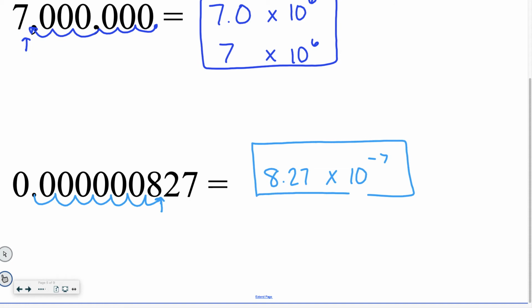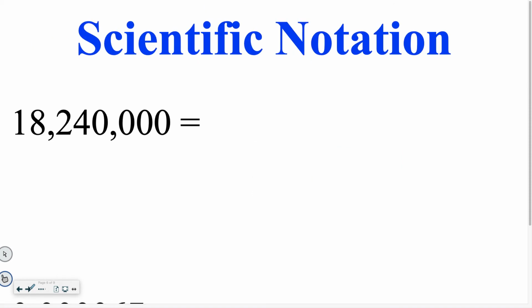All right. Let's practice another one. 18,240,000. My decimal has to go after that 1. This is where I want my decimal. So I need to figure out, okay, if my decimal's here, how many places am I moving it?